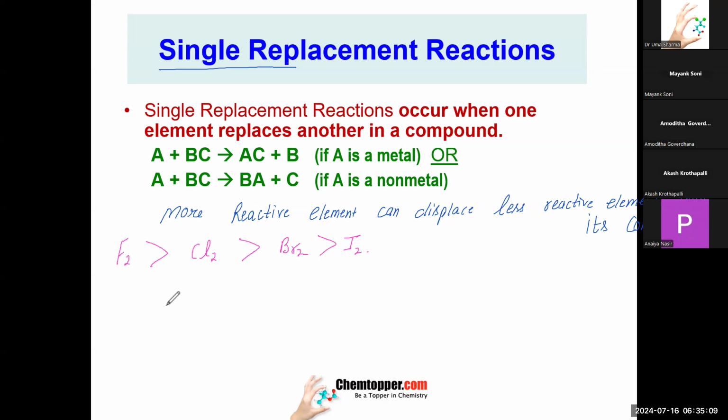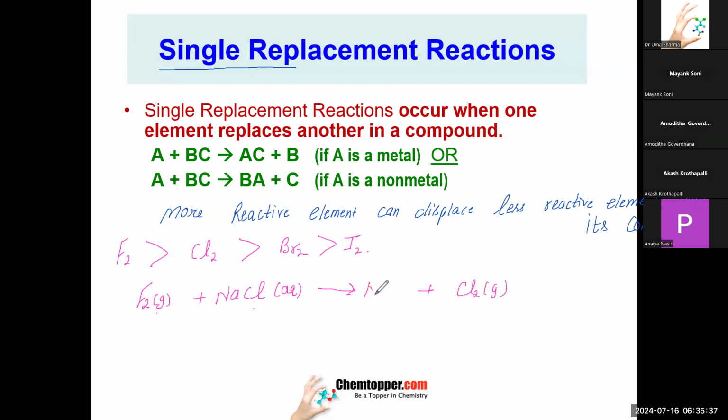Now, if I give you fluorine gas with aqueous NaCl, you know that fluorine is more reactive than Cl. So what will happen? This fluorine will kick out Cl as Cl2 gas. Yes, Ananya, very good. Cl2 gas.